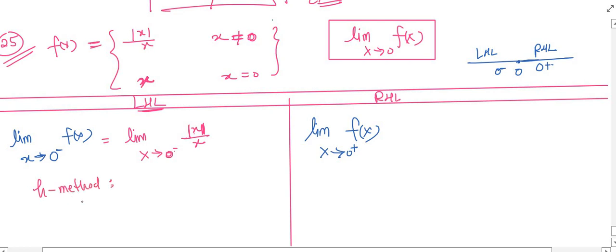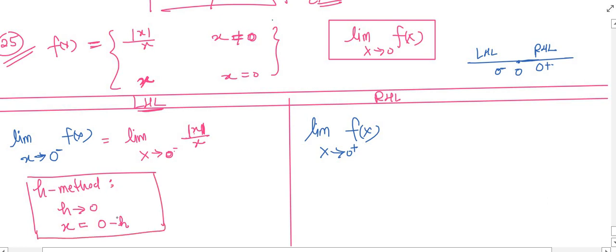See carefully what the h method is. In the h method, h is tending to 0 and x is replaced by 0 minus h. This is what we do in the h method. Clear? Why 0 minus h?